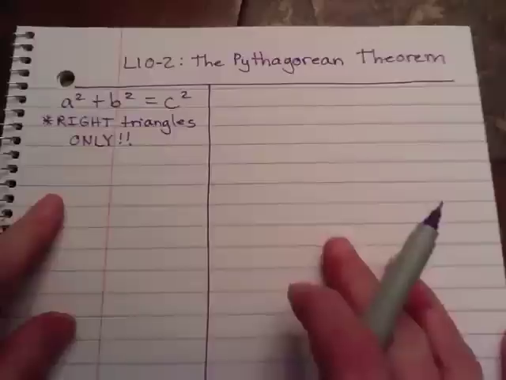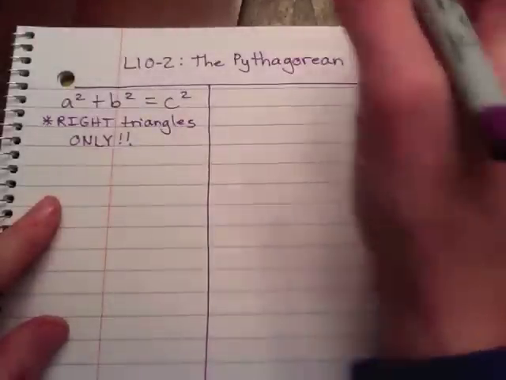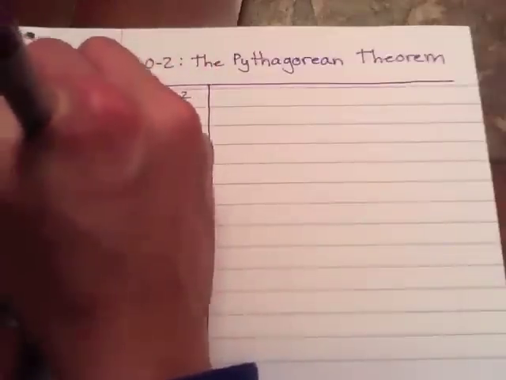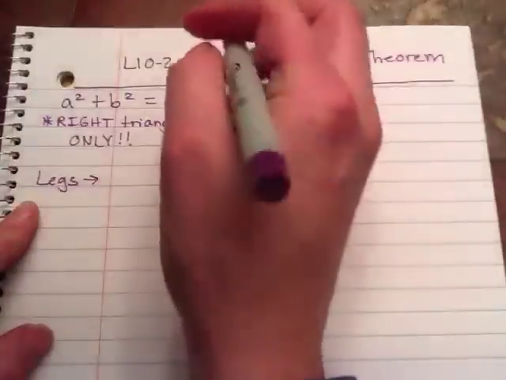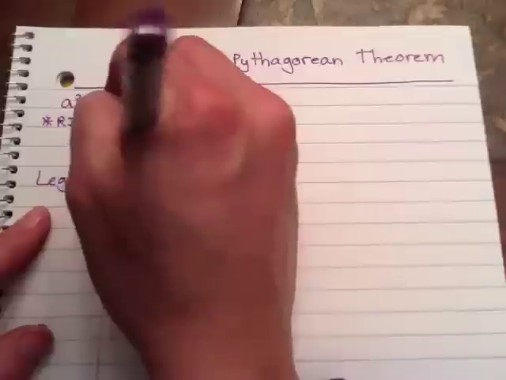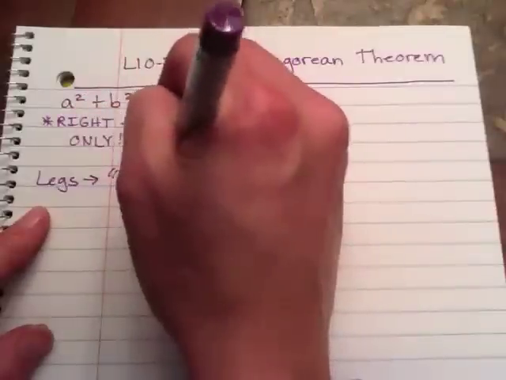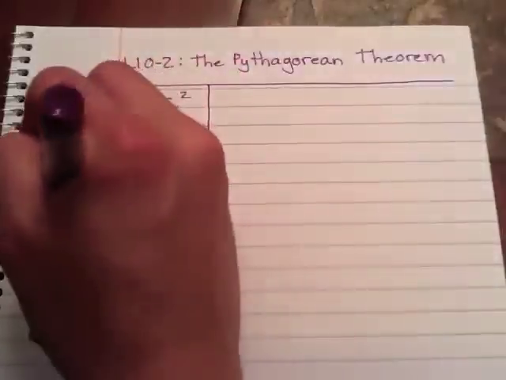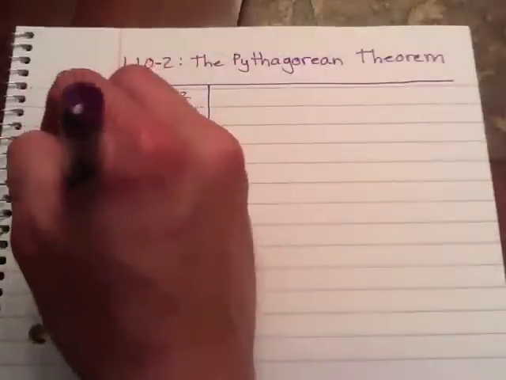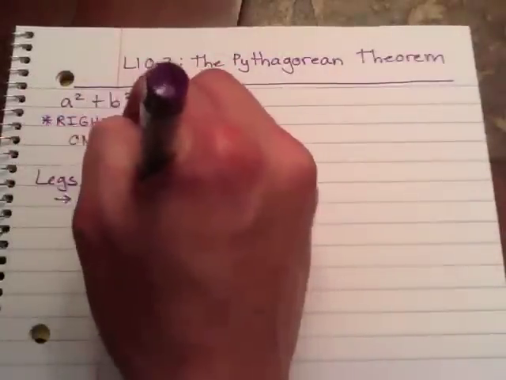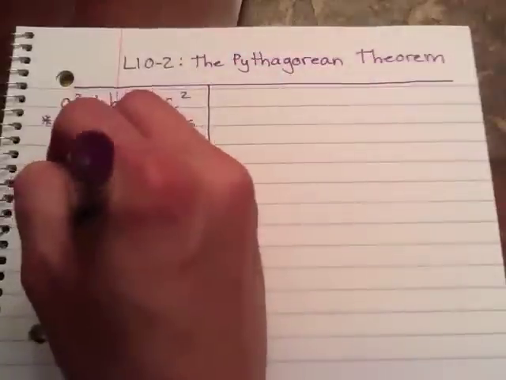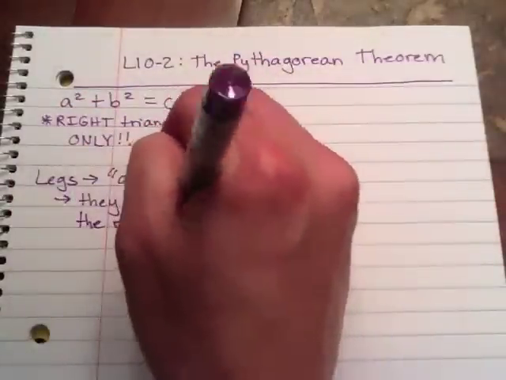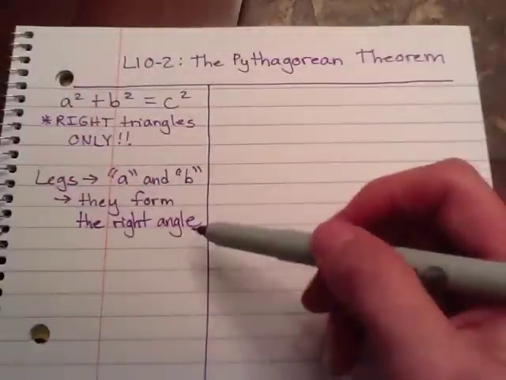And most of you probably remember, if we're looking at a right triangle, we have something called the legs. The legs are referred to as the A side and the B side. Those are the ones that form the right angle. So these are the two that actually touch at the right angle.